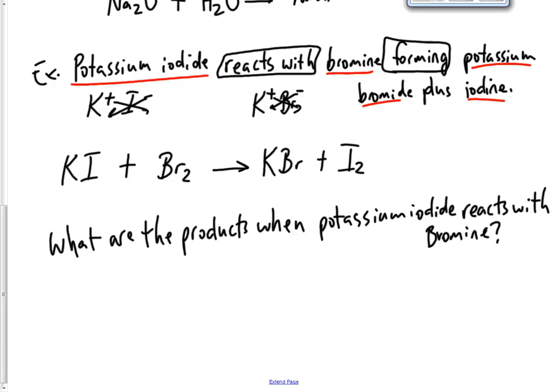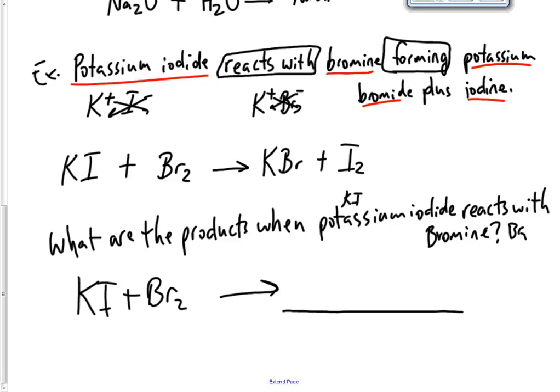You've got your arrow and you don't have anything out here. But what you do have is potassium iodide and bromine, just like we did in the last one. So KI plus Br2. And then it turns into not only a word equation, but also a predicting products problem.